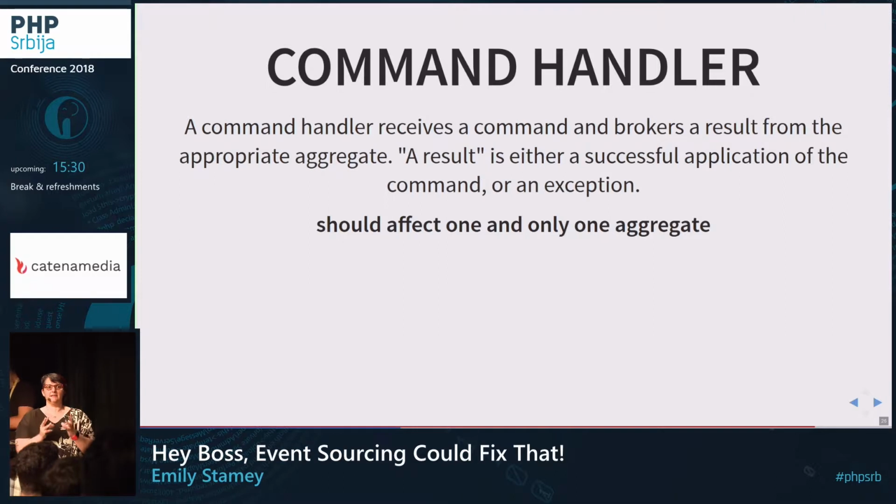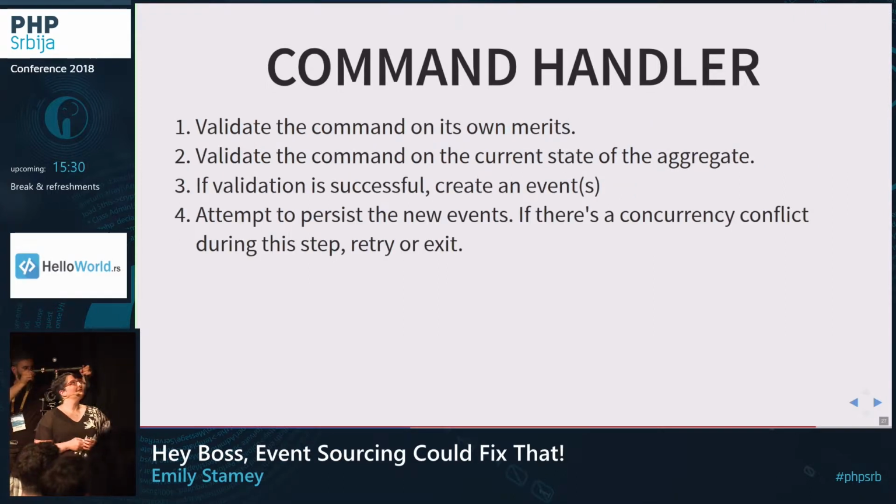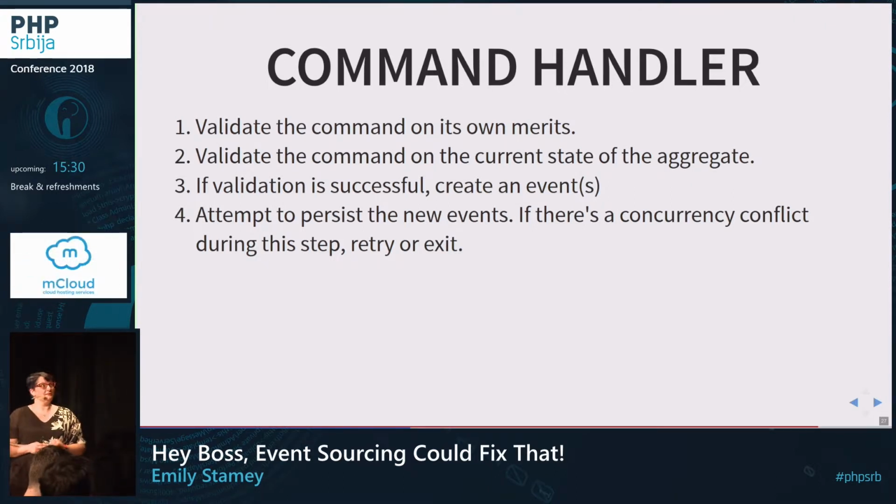It's got a singular focus for this behavior. First, you're validating that you can make this change, validating that the command is a valid command. Then if all that validation is successful, that's when you create your event.